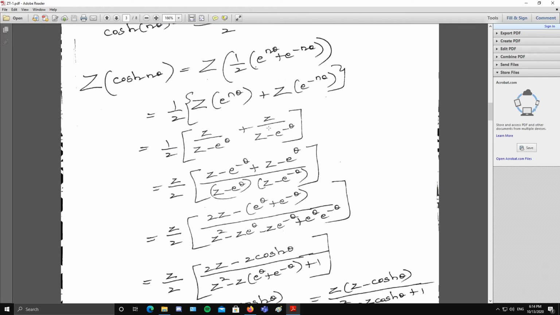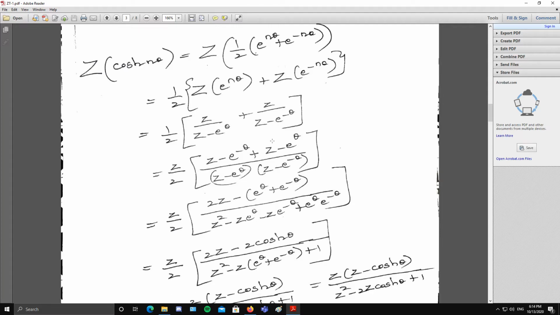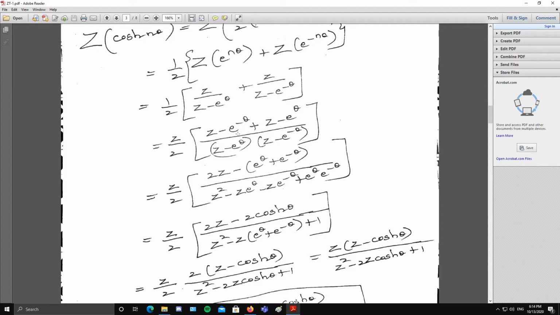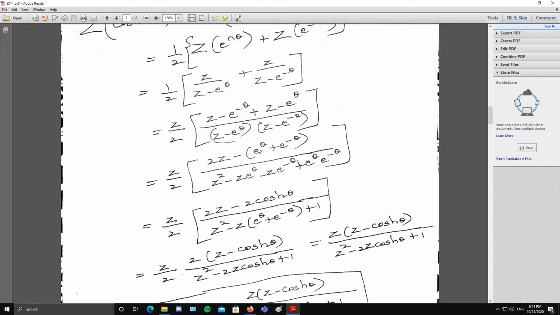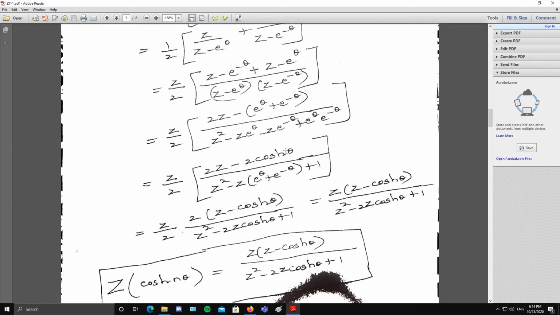Then in both the terms z is common in the numerator. So z by 2. Then take the LCM. z minus e power minus theta here plus z minus e power theta here by z minus e power theta into z minus e power minus theta. So it is 2z minus of e power theta plus e power minus theta.